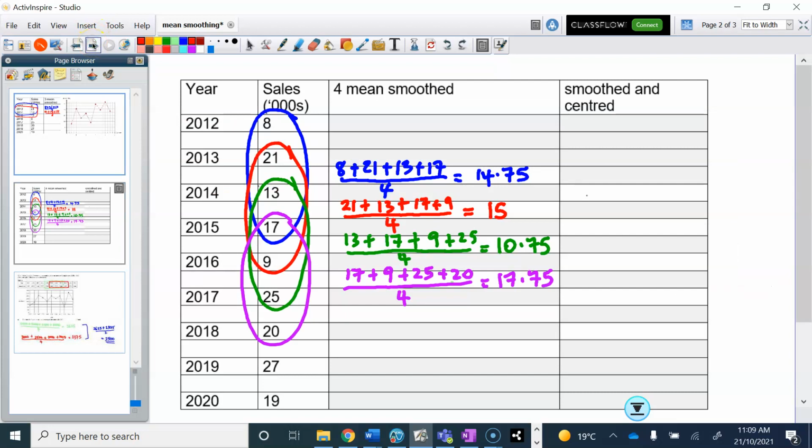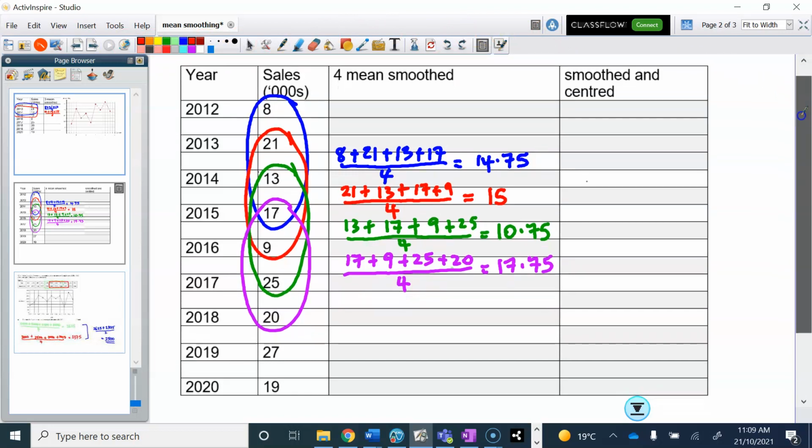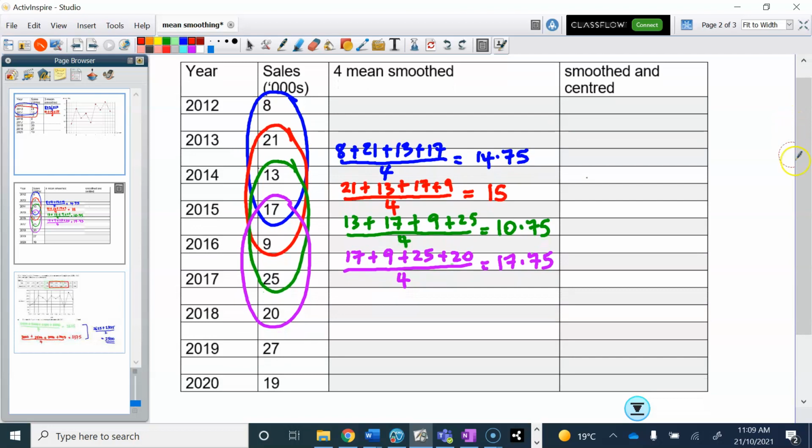So for example, using that same data, if we were to do a mean smoothing but using 4 data points, it's a little bit more complicated. If I was looking at the years 12, 13, 14 and 15 in the blue pen there, the middle of those 4 points you could hopefully see lies in between 2013 and 2014.